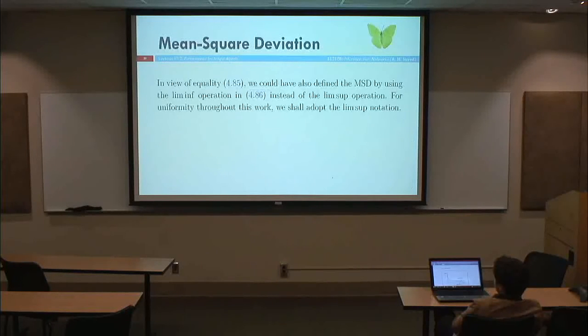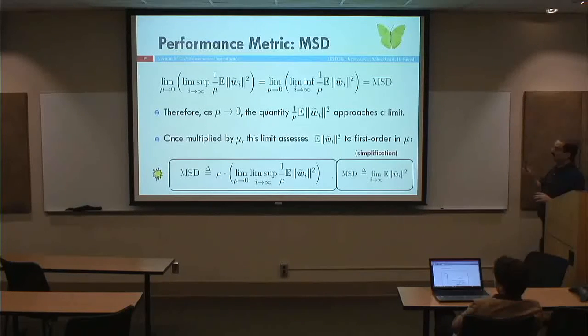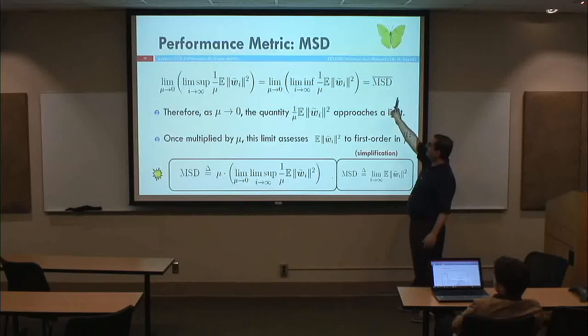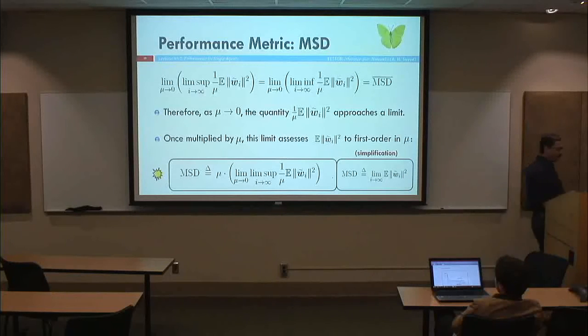So here is just summarizing what I just said, that because of the expression on top, because these limits approach the same value, then this quantity that you have here approaches a well-defined quantity, which I'm calling the MSD.